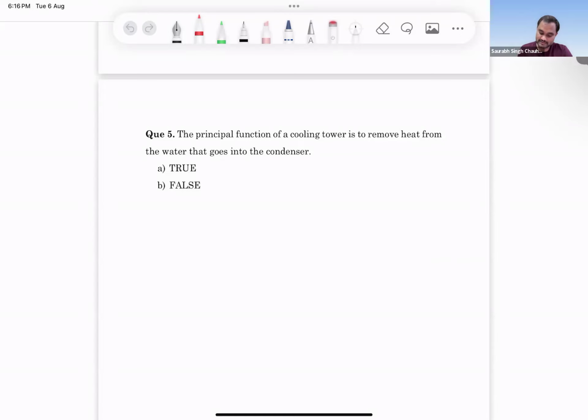This is false. This is not the working function of a cooling tower, to remove heat from water that goes into condenser.